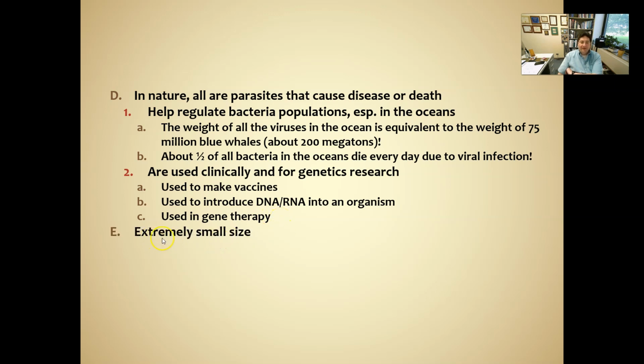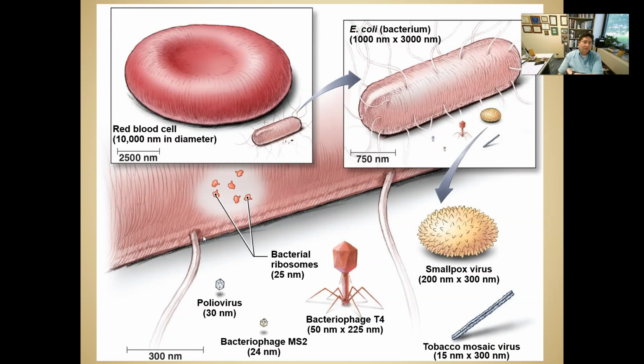Now, viruses are extremely small in size. I can't overstate how small they are. So if you get a little perspective here, here's a red blood cell. This is a bacterial cell, E. coli right here. And right there, that's a virus. And here's another virus, and these little tiny things are even smaller viruses.